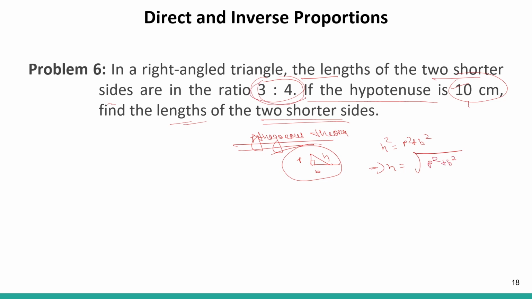Let's consider their common factor as x, so 3x and 4x are the lengths of the two shorter sides. So 10 is equal to the square root of 9x square plus 16x square, which is 25x square, which is 5x.